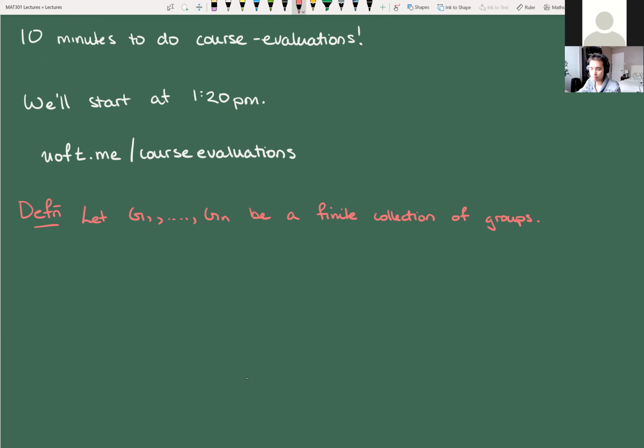Some of these might be the same group, some of them might be different, but there are going to be implicit group operations here. We define the product group, I guess we'll say direct product, the external direct product. And next week, we'll talk about an internal direct product, but it's pretty much the same thing.